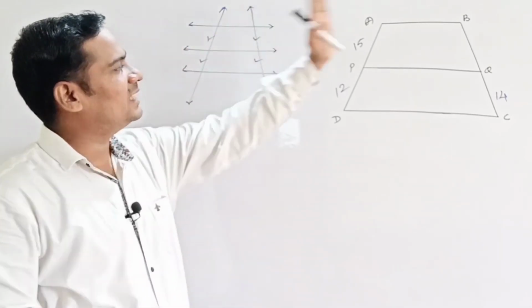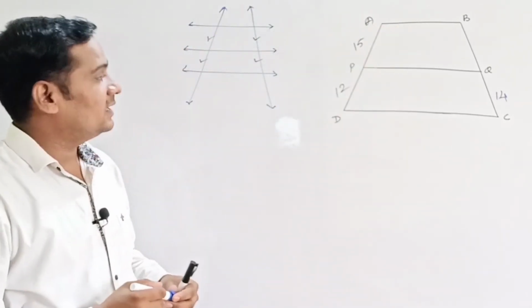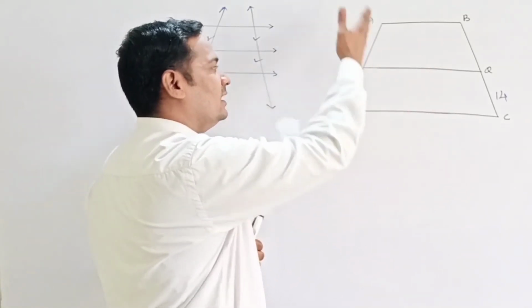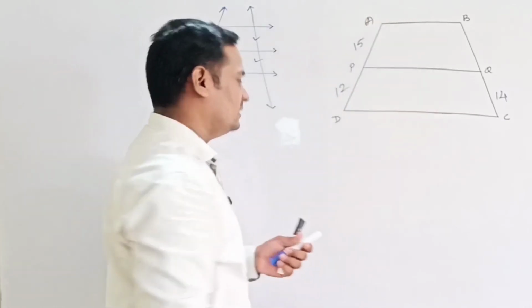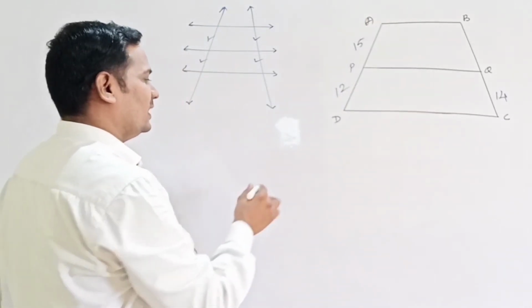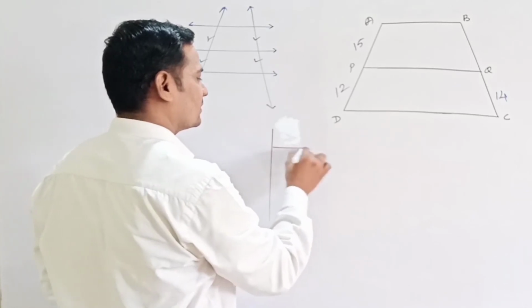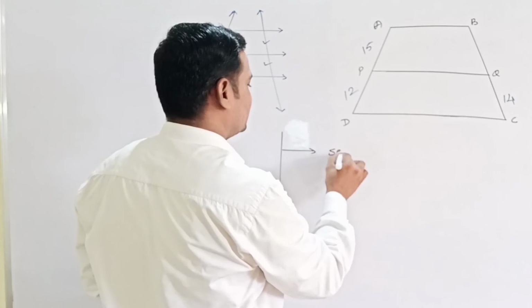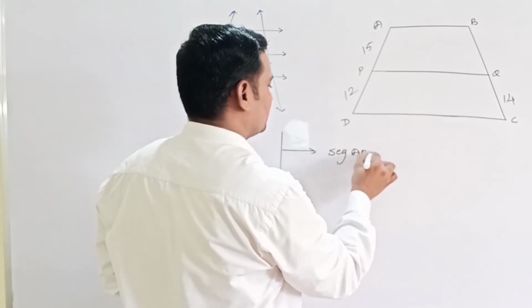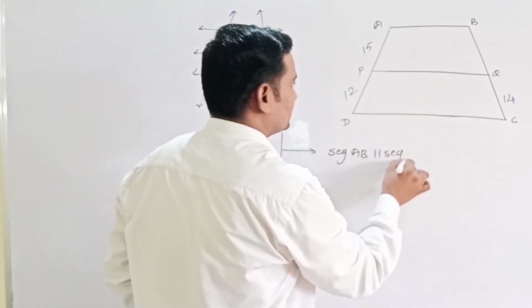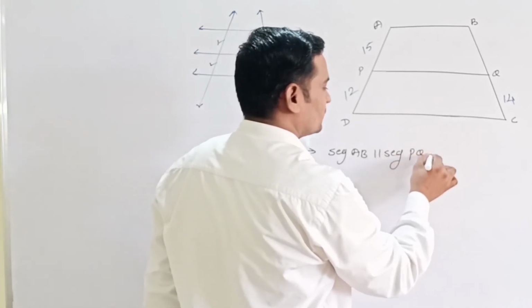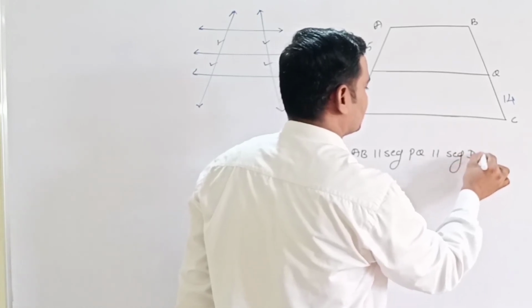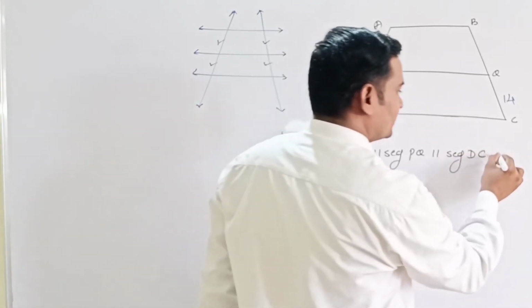So we have to use that property in this example, where AB is parallel to PQ parallel to DC, and AD and BC are the transversals. So we can write here: segment AB parallel segment PQ parallel segment DC.